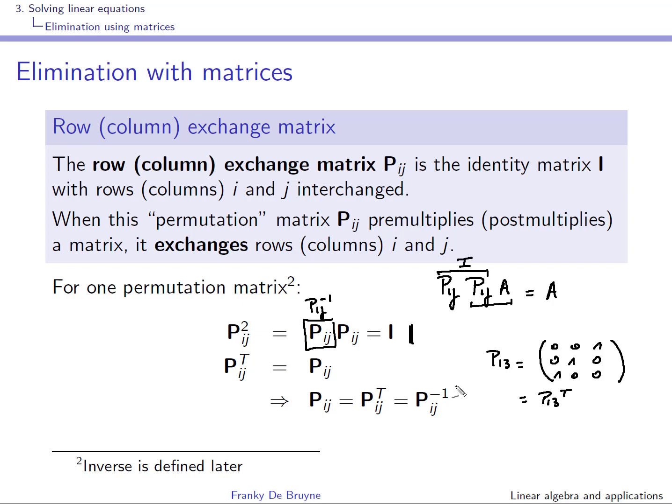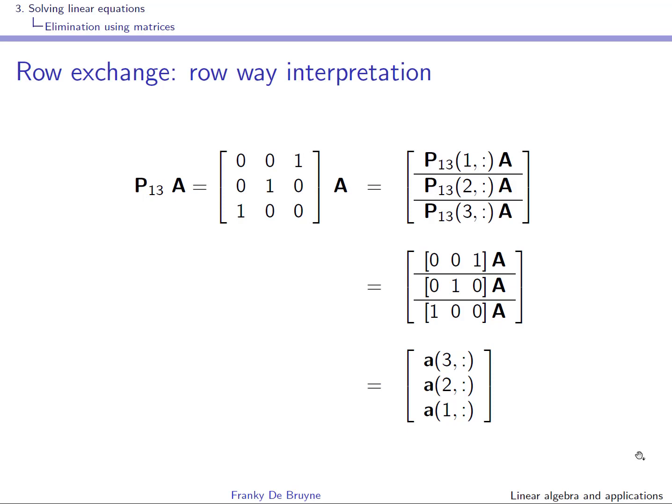So permutation matrices, elementary permutation matrices, and that interchange one row, well, they are a bit peculiar because Pij is equal to its transpose and to its inverse. So again, this sounds a little bit magical. So why is this matrix here, P13, going to interchange the rows of A?